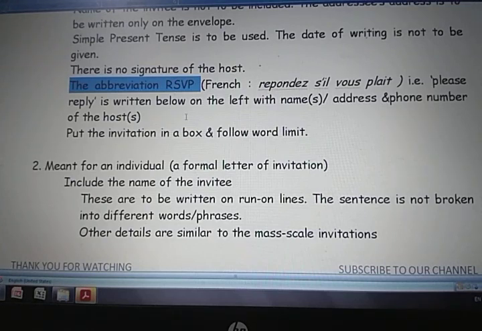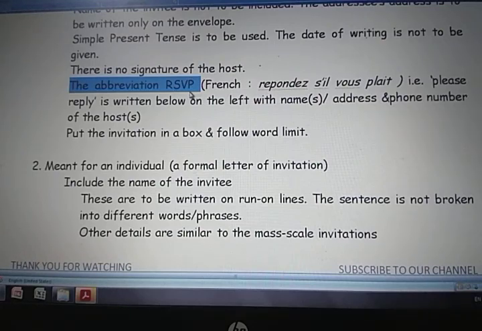In case if you attend. Suppose if you cannot, that also you should mention, very sorry to mention that because of so and so reasons I am unable to attend the function. It is our responsibility to reply. So this RSVP means please reply.